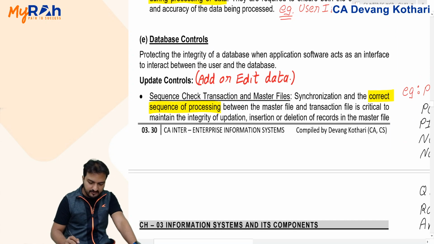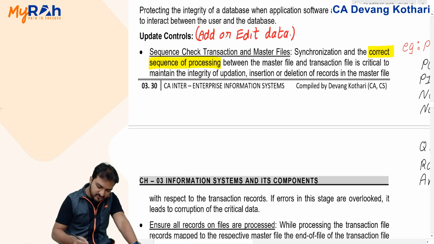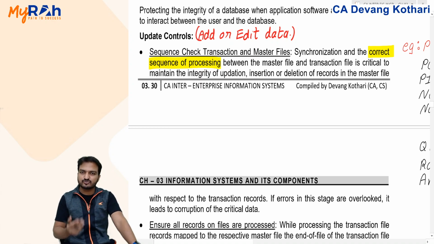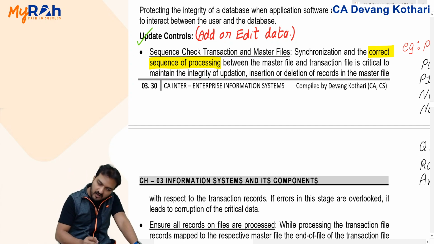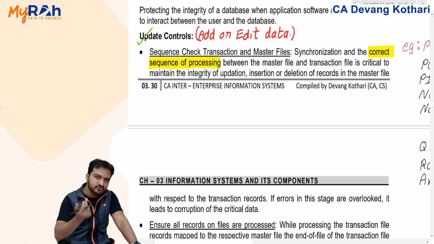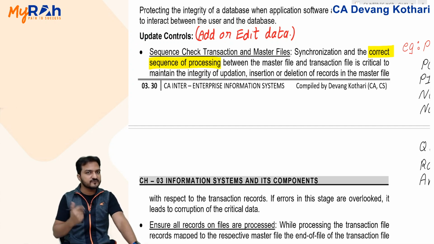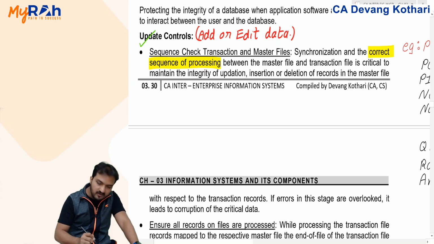Update control pertains to adding or editing the data. Like, say any data is to be added or a database transaction is to be edited, that comes under update control. I need to add a new student registration in my database, or I need to update the phone number of a student in my database, that comes under update controls.